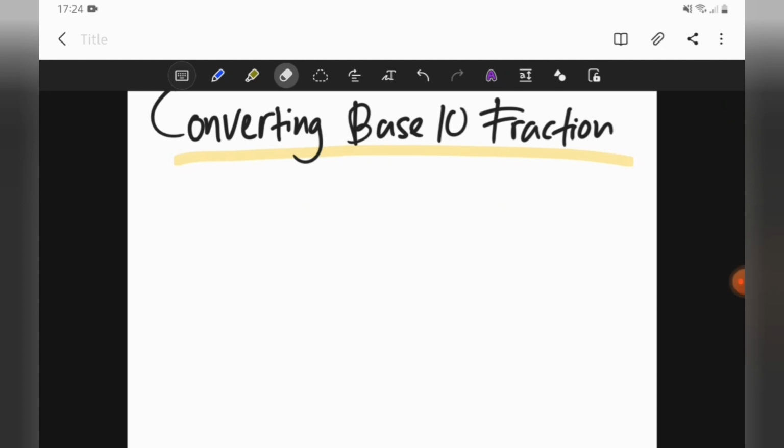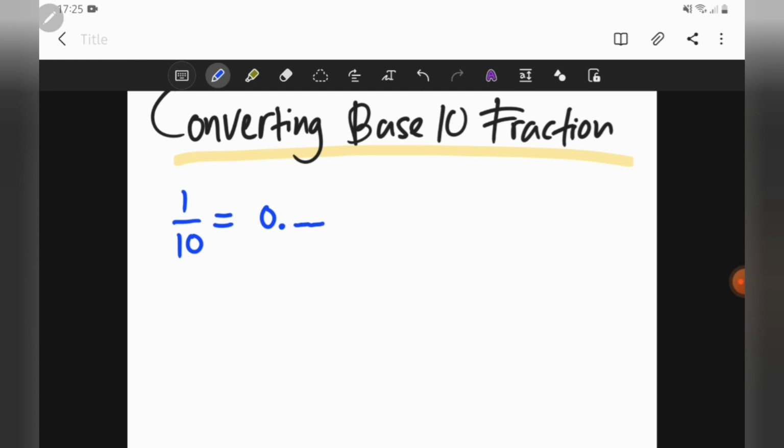Today's tutorial, you will learn how to convert base 10 fractions into decimals. Let's start from 1/10. To convert this fraction to a decimal is very easy. What you're going to do is make a 0 at first, continue with a point, and put one dash line.